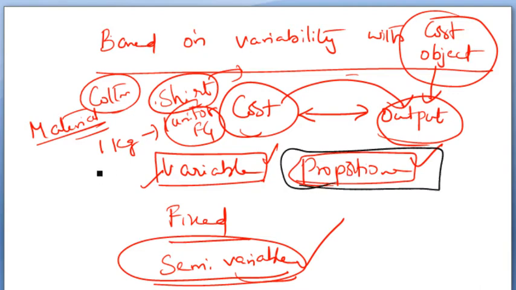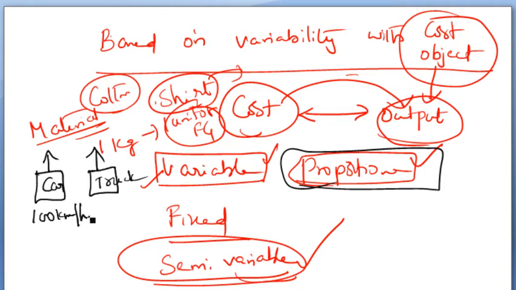Keep that in mind. To put it another way, let's say the output is one car, and the raw material is a truck, for example. Both are moving. If the car, which is the output, goes at 100 kilometers per hour, then the truck should also go at 100 kilometers per hour.